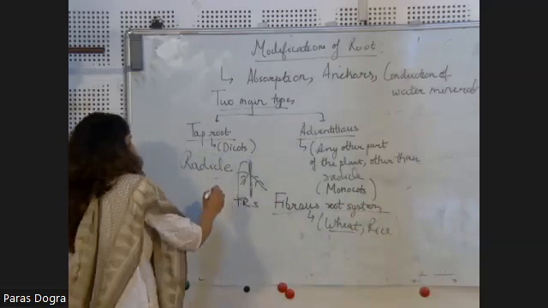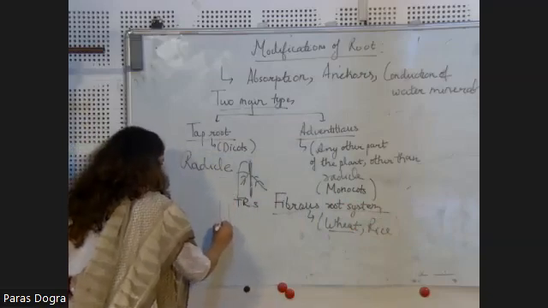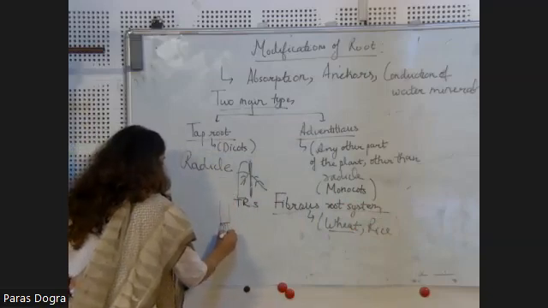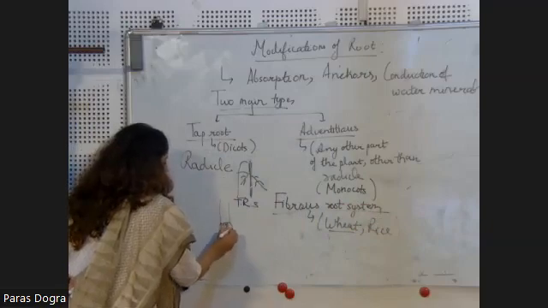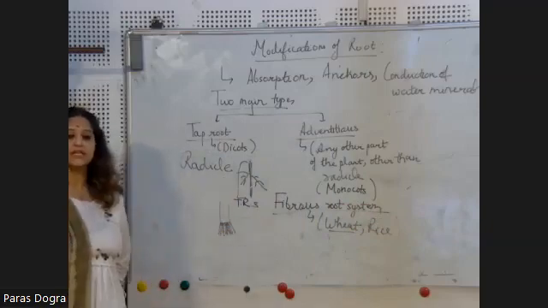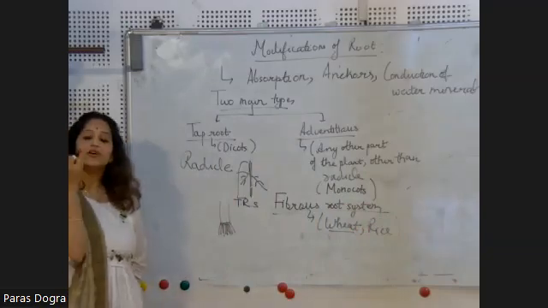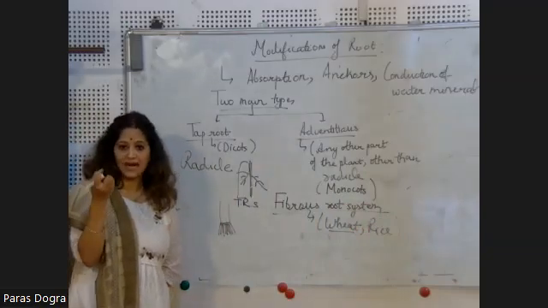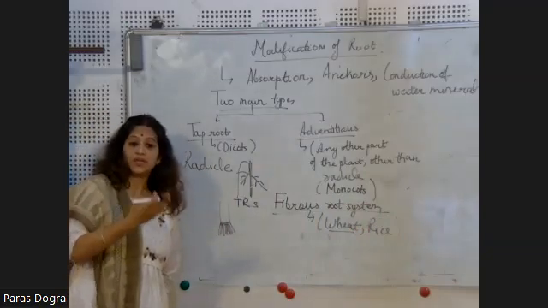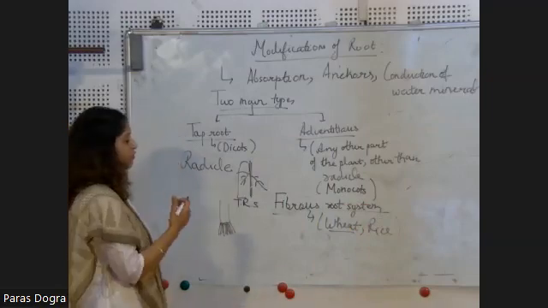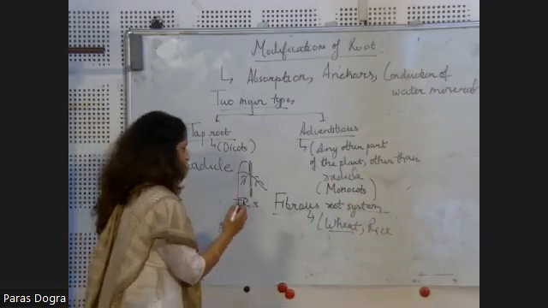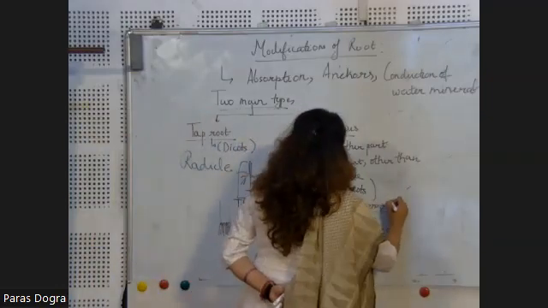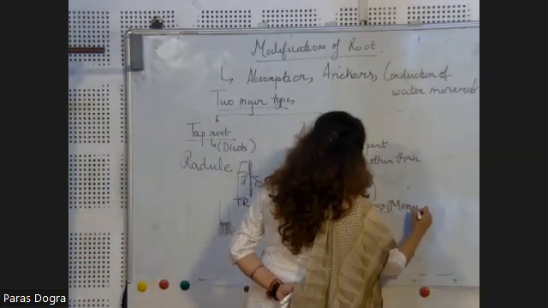Here a bunch of roots arise from the base of the stem, and it firmly holds the plant, and moreover it helps in the conduction of water and minerals also. It is seen in case of monocots only.